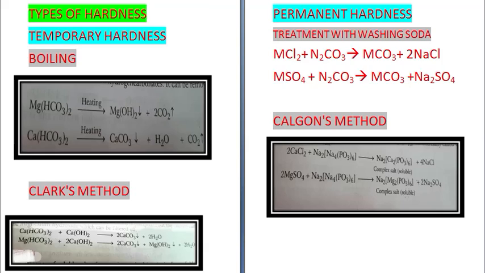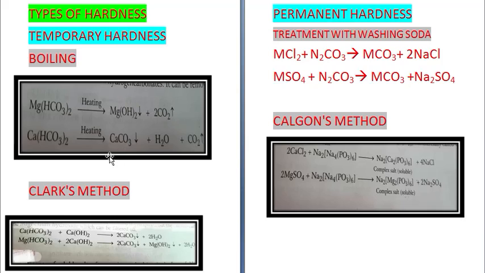First is boiling. Magnesium hydrogen carbonate, Mg(HCO3)2, on heating gives you magnesium hydroxide, Mg(OH)2 plus 2CO2. Same way calcium hydrogen carbonate gives you calcium carbonate plus H2O plus CO2. So Mg(OH)2 and CaCO3 form precipitate and the hardness of water is removed.